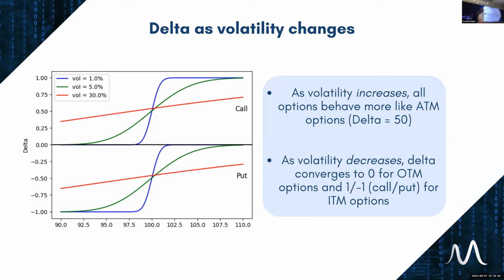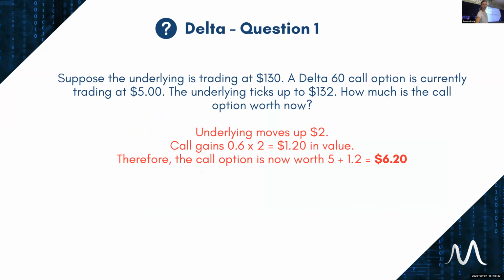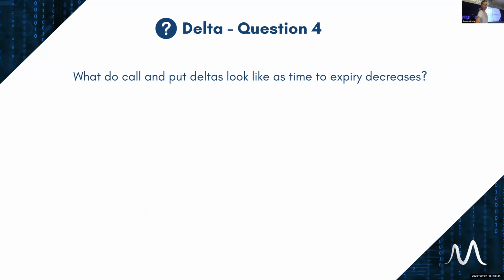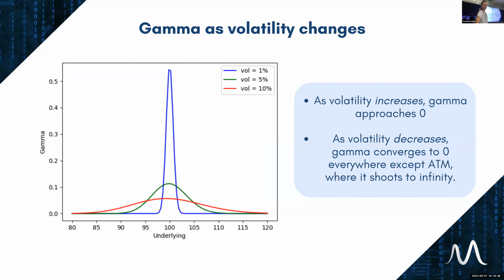And then everywhere else, if you're out of the money here, your delta is increasing, and then, okay, it's a very convoluted way to put it. I'll just show you the thing. Right, so you can see that with lower volatility, your at the money gamma is very high.